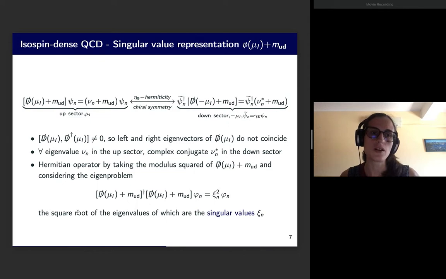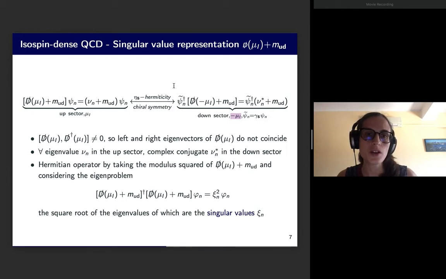One has to look at the eigenvalue equations for the Dirac operator, for example, D slash mu I, the massive one, so you also have the mass. One can do that in the up sector, where the chemical potential is mu I. One can do that in the down sector, where the chemical potential is minus mu I. And in my notation, the psi tilde takes a gamma 5 in front.